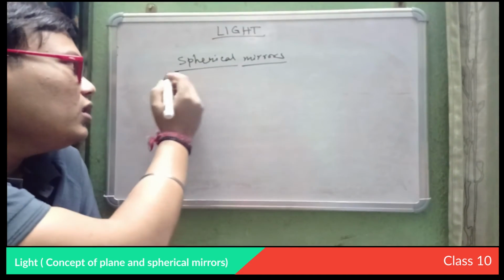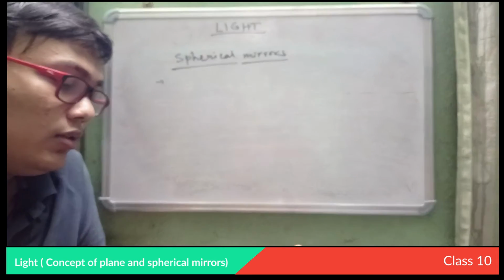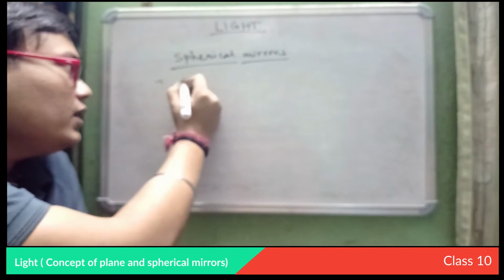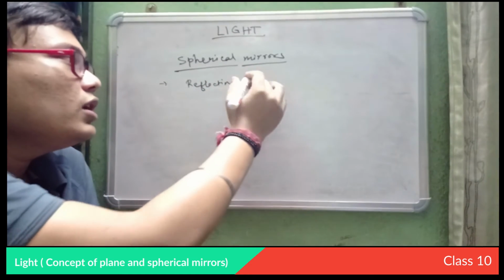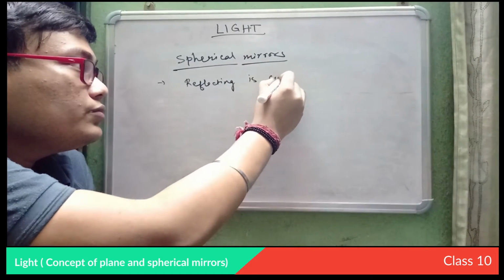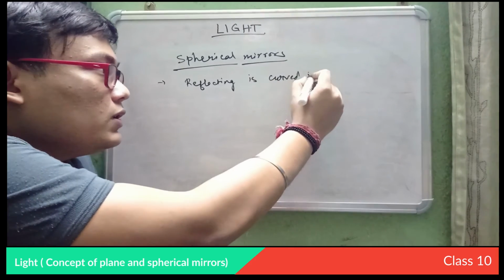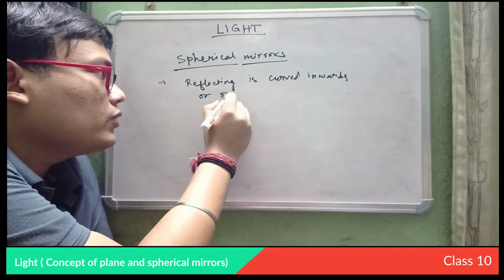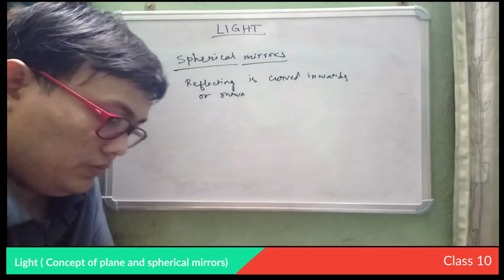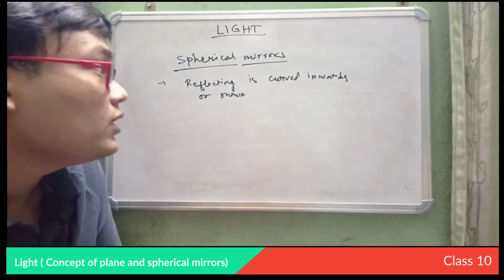So if we start with what a spherical mirror is: a spherical mirror is one where the reflecting surface of the mirror is curved inwards or outwards.